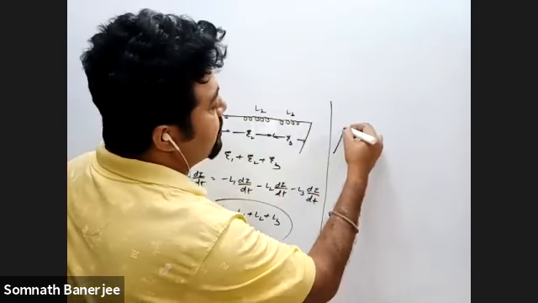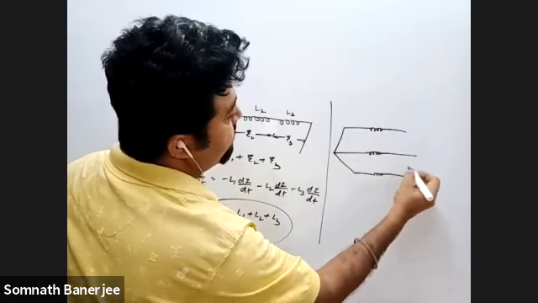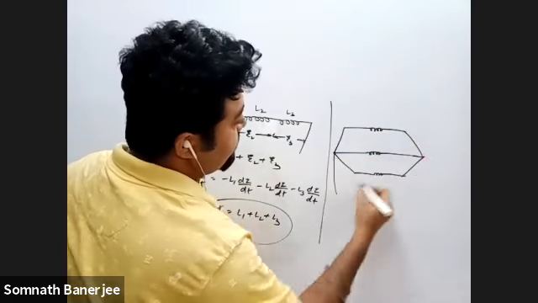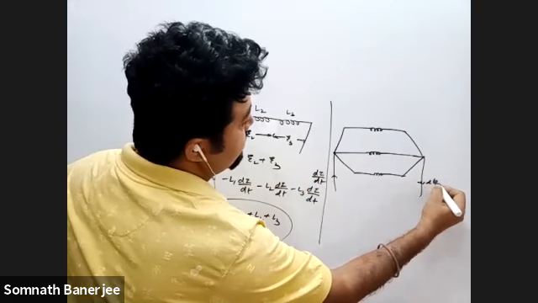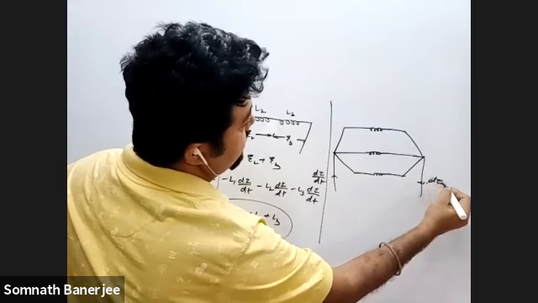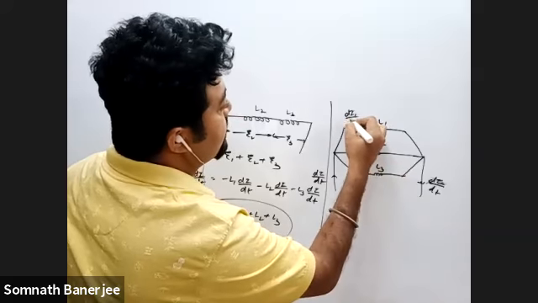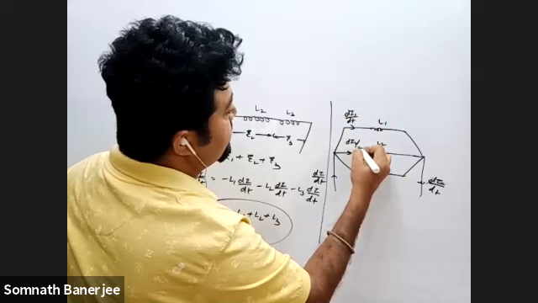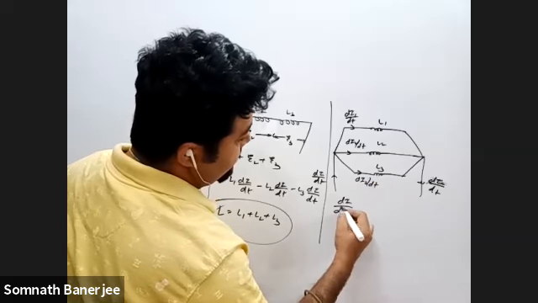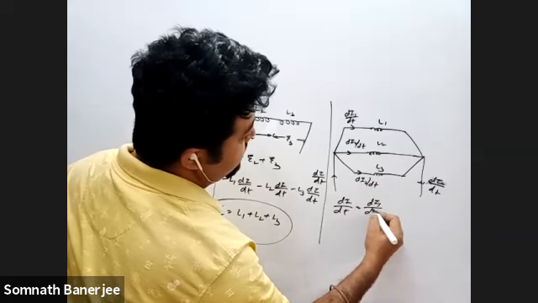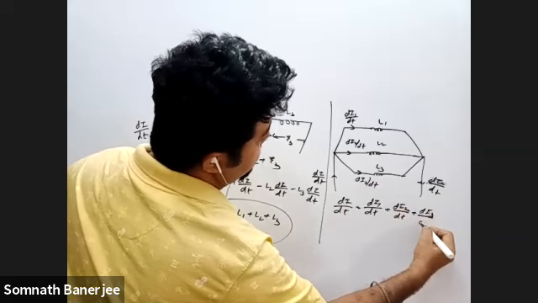Similarly, for parallel connection, what happens? The voltage is the same across each, and the currents are di1 by dt, di2 by dt, and di3 by dt, so the total di by dt is di1 by dt plus di2 by dt plus di3 by dt.